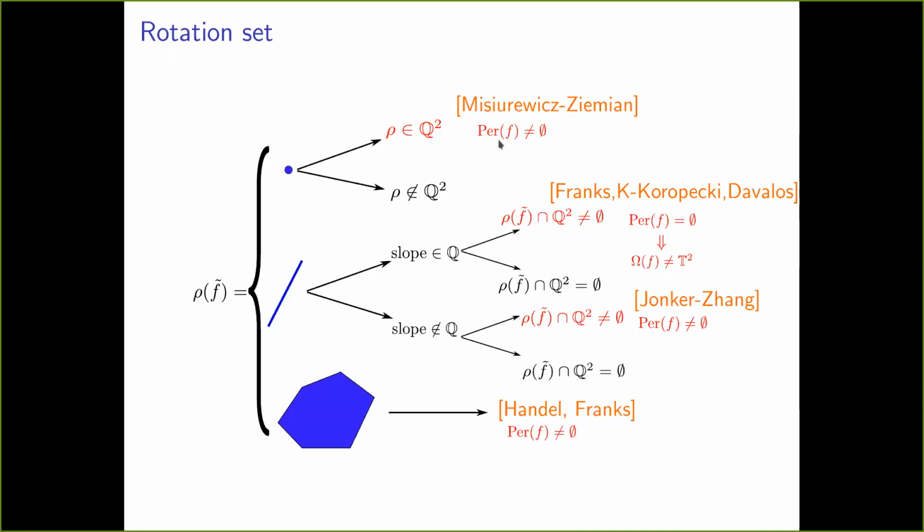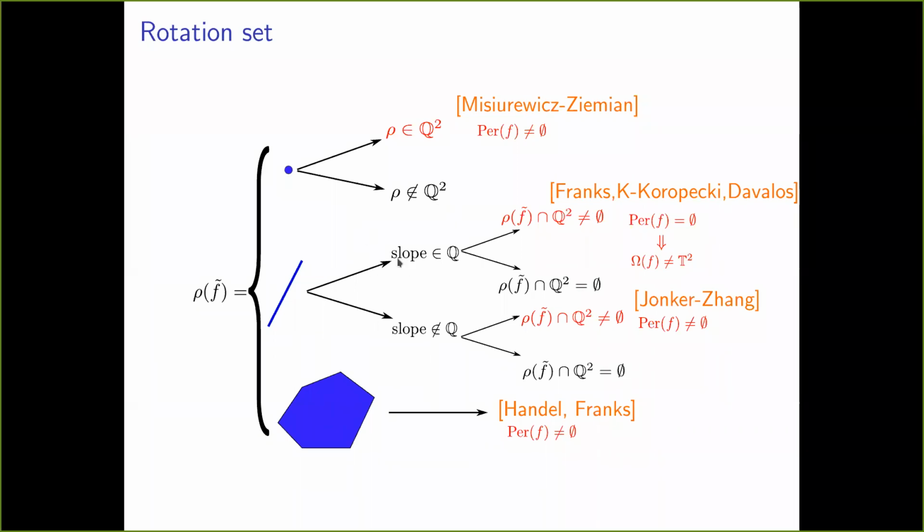This was proved by Misiurewicz and Ziemian in the paper I mentioned when Amy asked me about the accumulation points of the Birkhoff averages. They proved that any extremal point of the rotation set which is rational is realized by a periodic orbit. So of course, if you have a point, it's an extremal point.